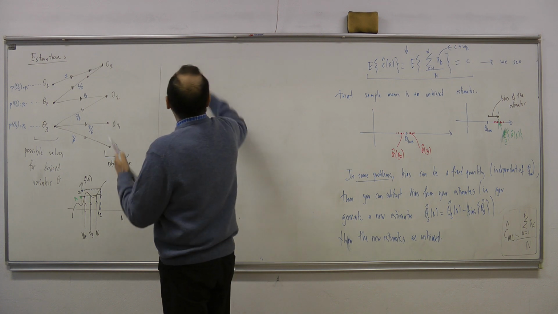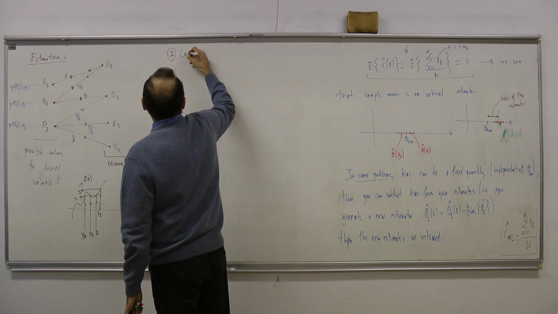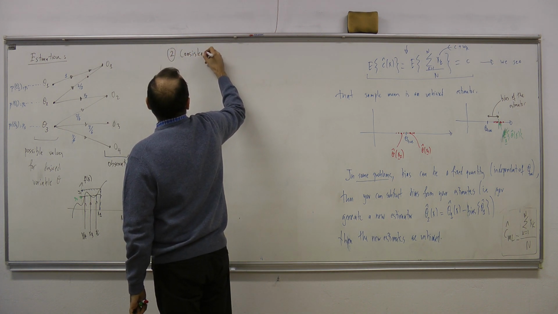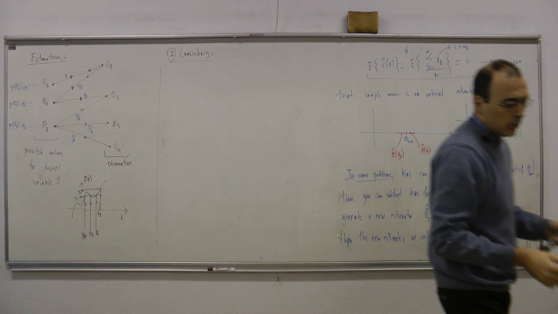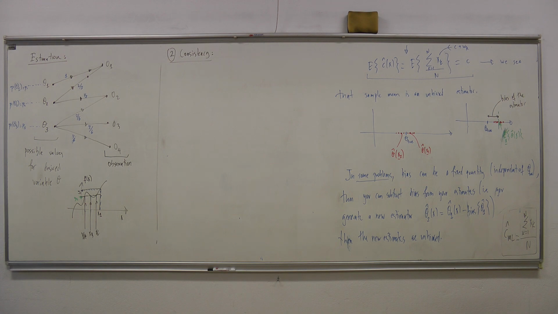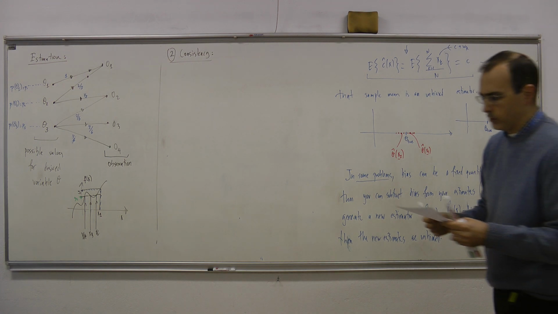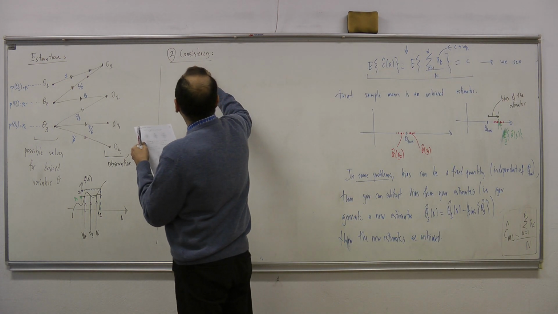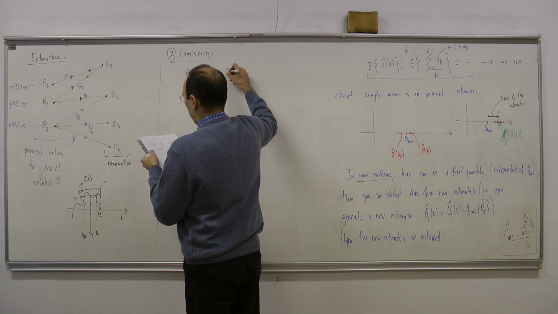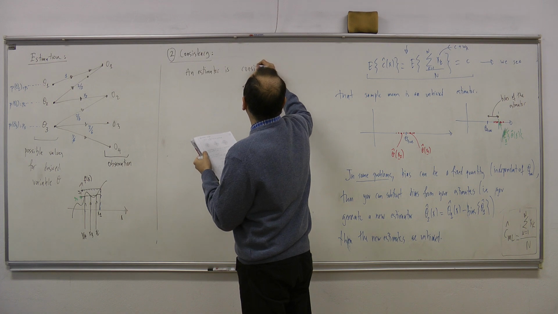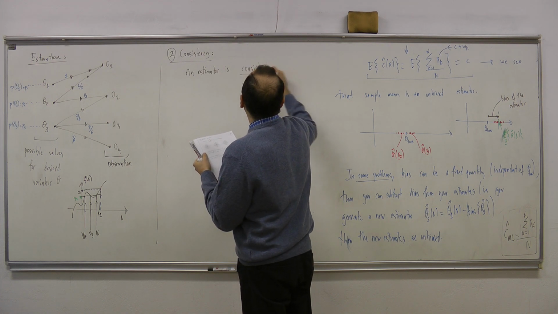Number 2, this is consistency. An estimator is consistent. This is the definition.